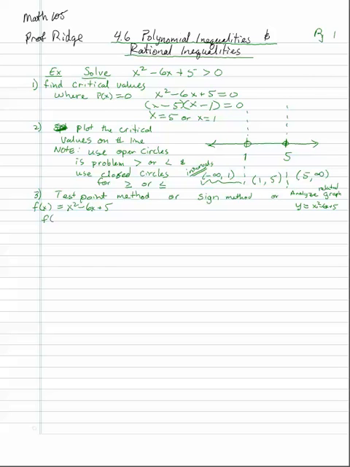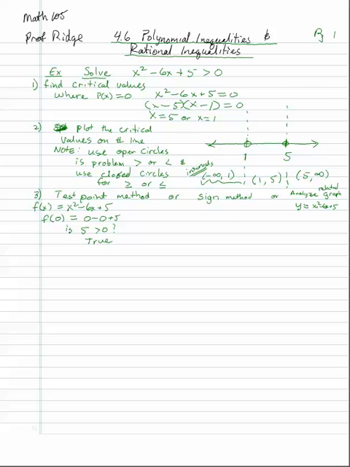If we pick a number in the first interval, say 0, that's 0 minus 0 plus 5. So is 5 greater than 0? True. So the interval negative infinity to 1 is true, so that's part of the solution.